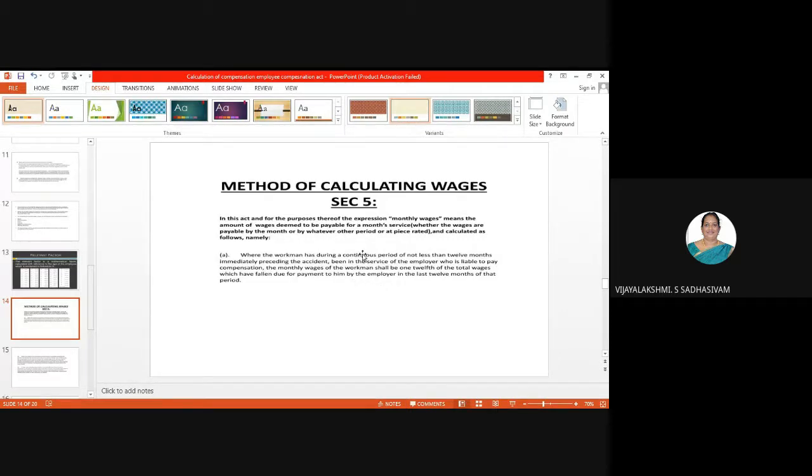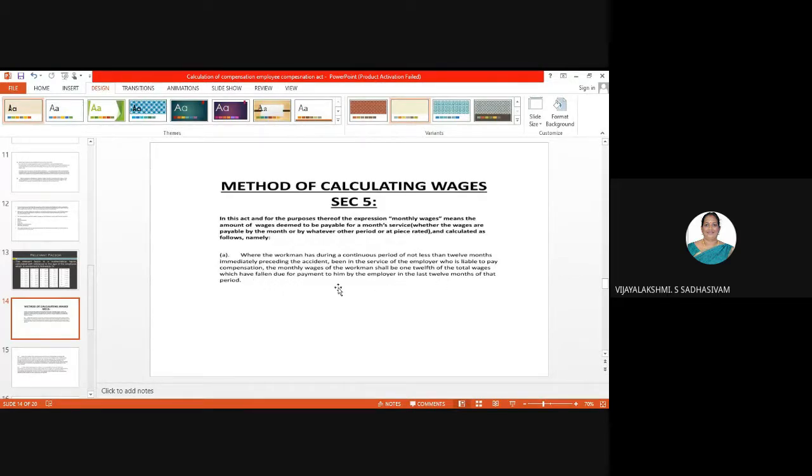He has to put in continuous service of not less than 12 months immediately preceding the accident. So when an employee meets with an accident, we take only the period immediately preceding the accident and see how many months he has worked. It should not be less than 12 months, and only then is he liable to get the compensation.